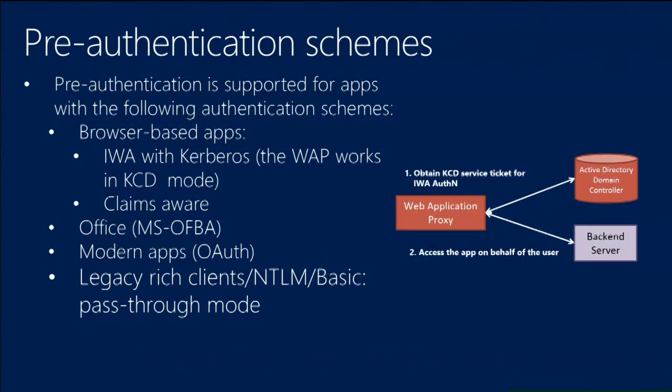In this case, the Web Application Proxy is doing the lookup in Active Directory to get the Kerberos ticket. We're going to see a demo of that in a few minutes, and end up with the application getting the traffic over Kerberos. I feel this is pretty important, as most folks expect Kerberos to just work, including in these environments.